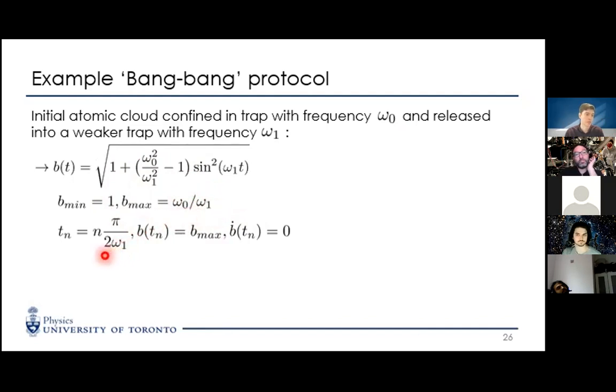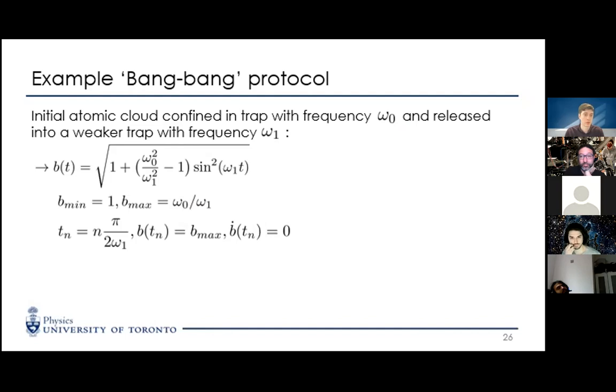And when the cloud reaches that maximum size at the 3/4 period, right before we start to compress, the scaling factor derivative is 0. In other words, all the velocities at all positions in a harmonic oscillator come to rest at the same time.